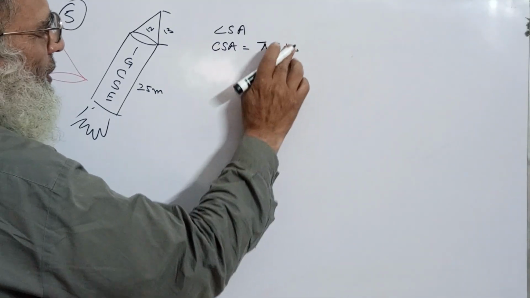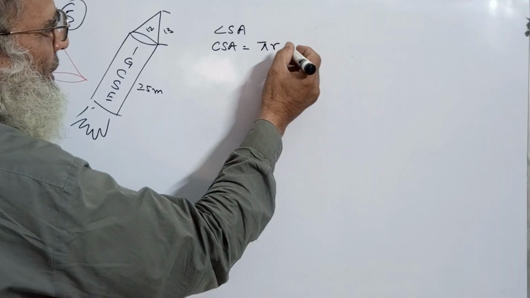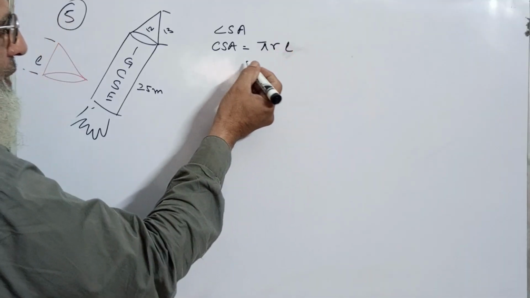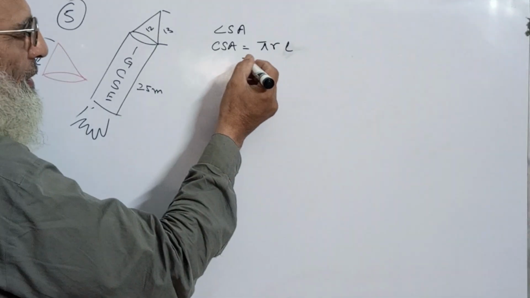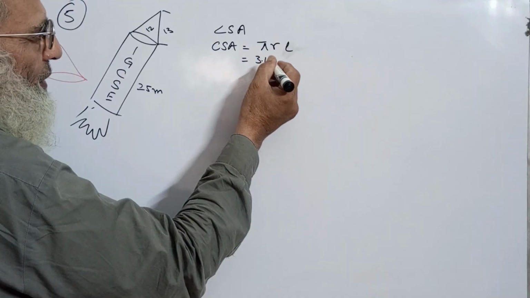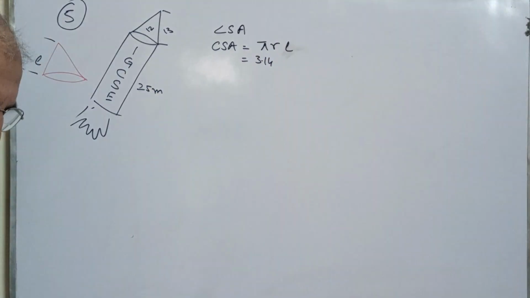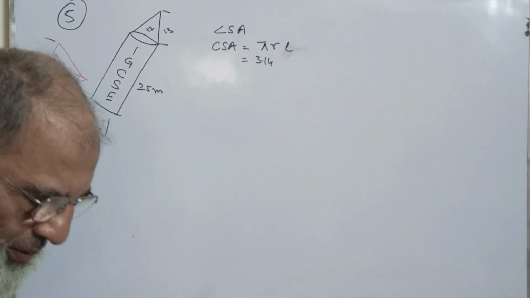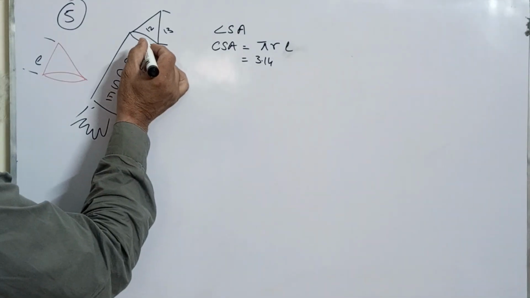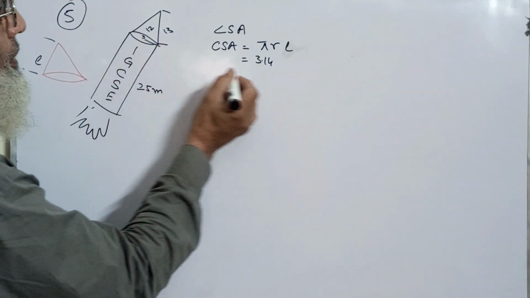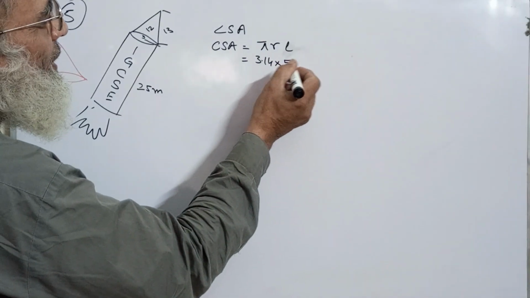Or you can do it in the second step where we write the values. That is equal to 3.14 multiplied by the radius, which is given as 5, multiplied by 13.